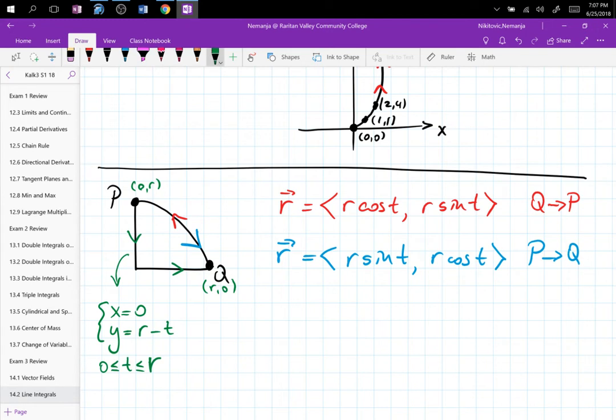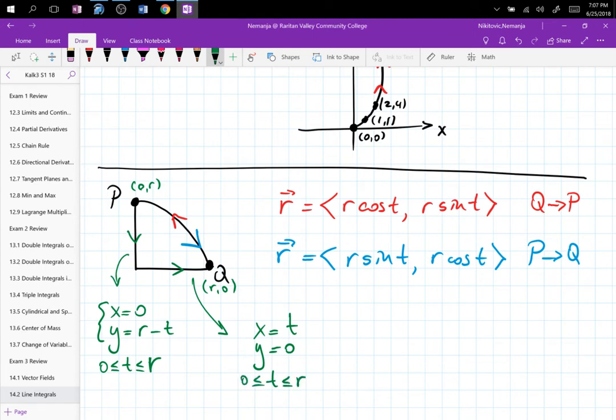And now the endpoint is when t is equal to r. When t is equal to r, I get r minus r, which is 0, so I get 0, 0, and yay, we're home. The second parametrization here is when x is equal to t, and y is equal to 0, and t is between 0 and r.